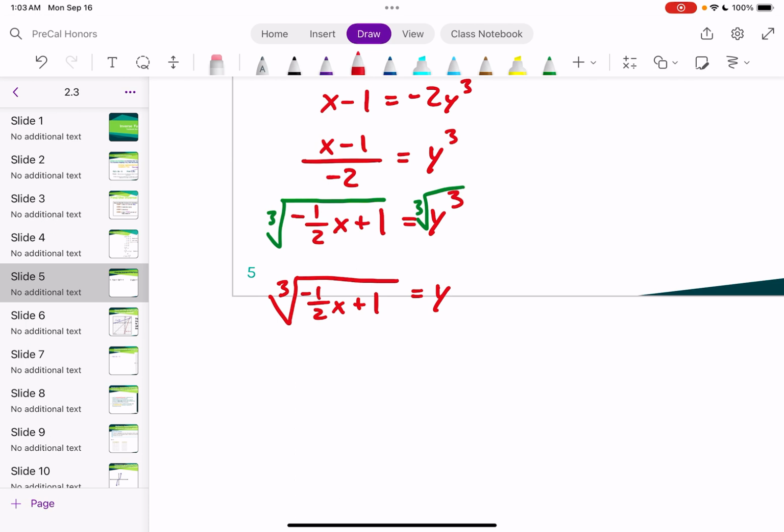And we would go ahead and write it as f of negative 1 of x is equal to the cube root of negative 1/2 x plus 1/2.